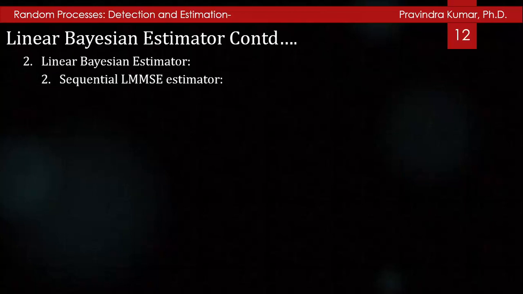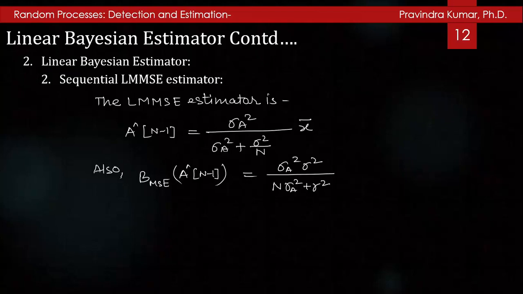Now another topic is the sequential LMMSE estimator. We know that the LMMSE estimator A cap n minus 1 is equal to sigma A square divided by sigma A square plus sigma square by n, into the sample mean x bar, and also BMSE of A cap n minus 1 is sigma A square sigma square divided by n sigma A square plus sigma square.